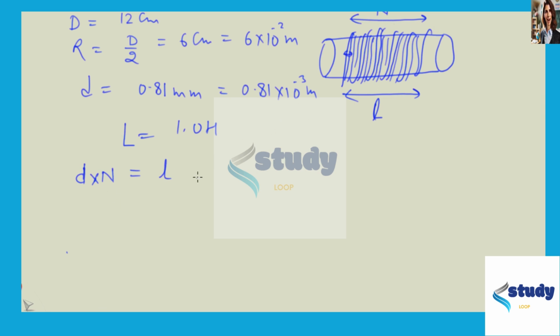So d into N will be equal to the total length. So we can say N, the total turns, is equal to l by d.